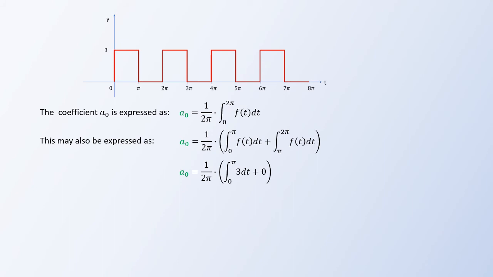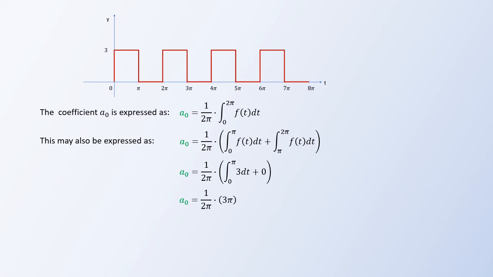Well, from pi to 2 pi, it's 0. And so that whole part drops out. So this becomes a very easy integral: the integral from 0 to pi of 3 dt is simply 3t evaluated from 0 to pi, or simply 3 pi.